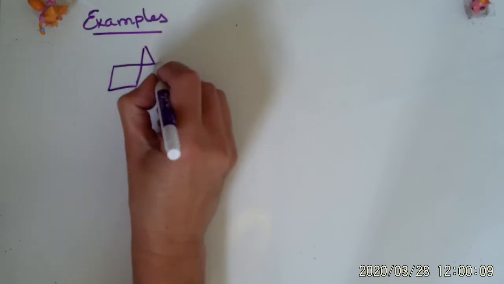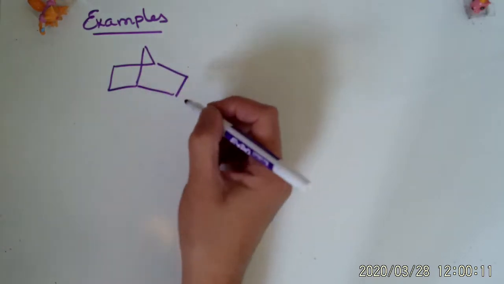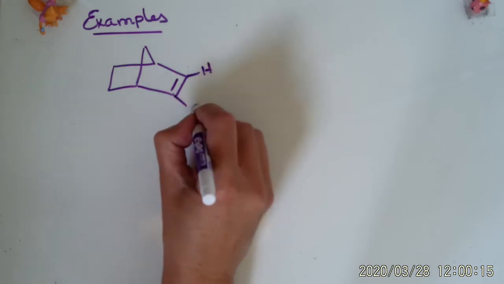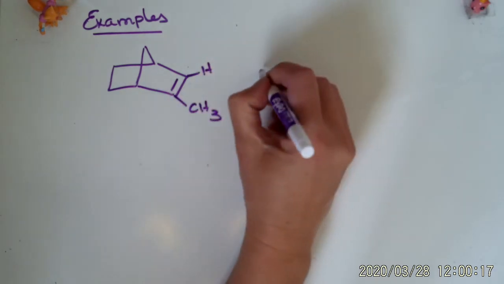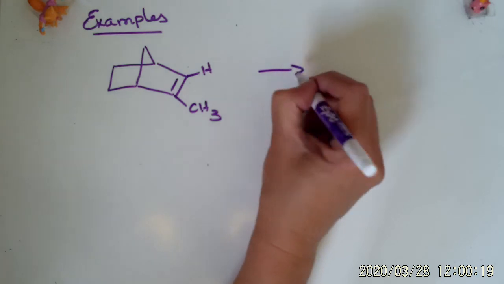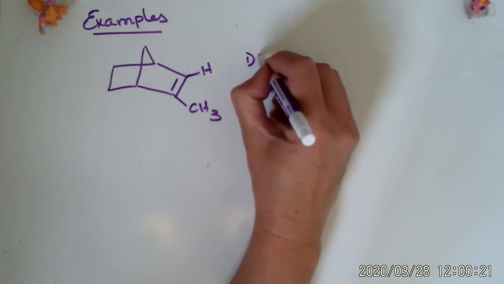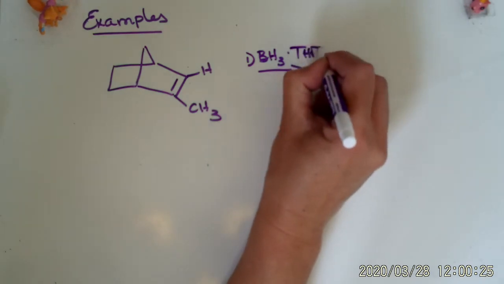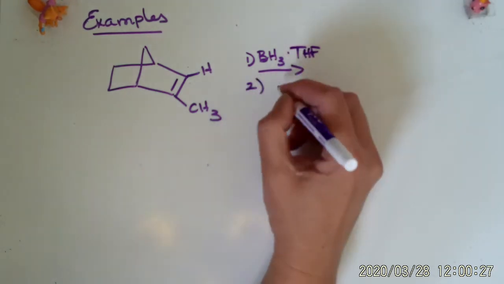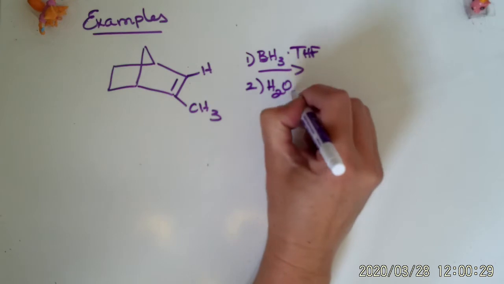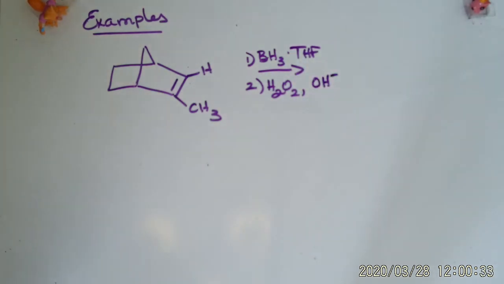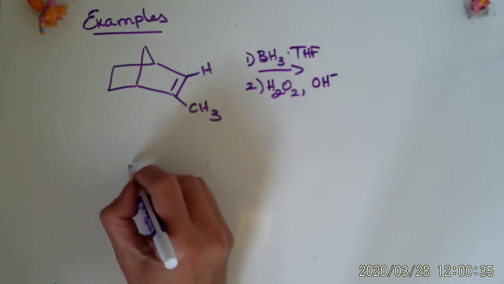Take your boron, your norbornene example. Okay. We're going to do borane THF, followed by hydrogen peroxide and hydroxide solution. Let's compare that.